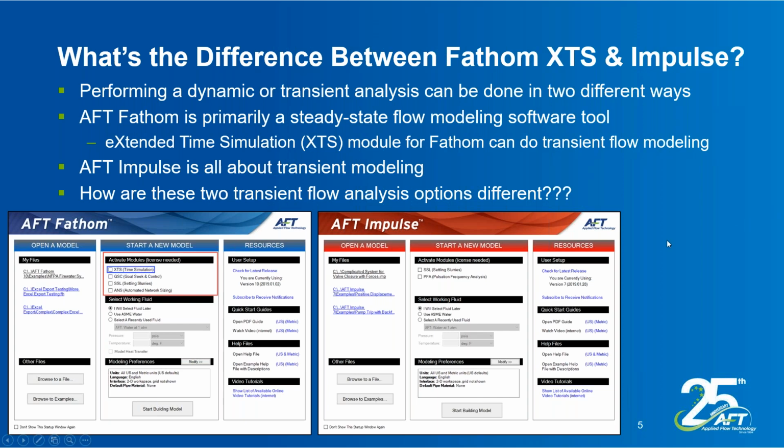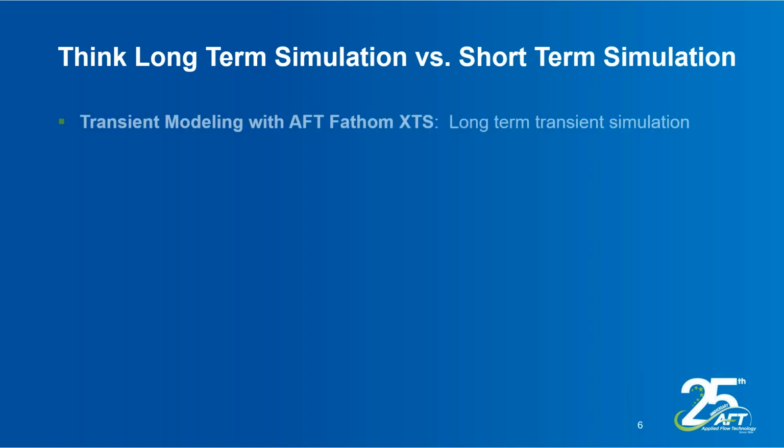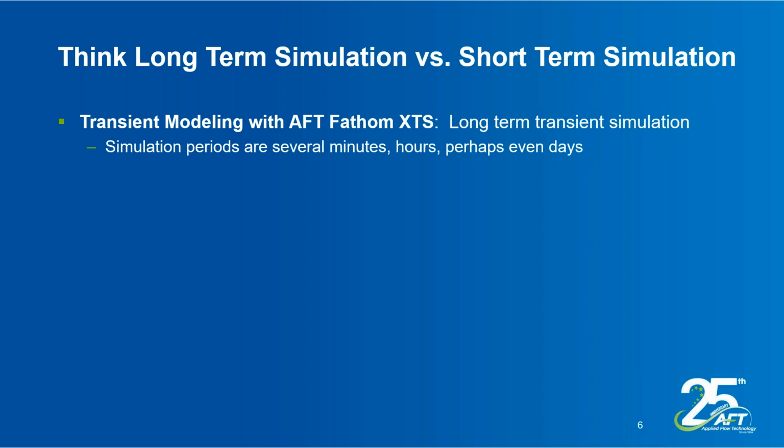The first way to figure out how these two applications are different from each other is to think of a long-term transient simulation versus a short-term transient simulation. When we're talking about the context of the XTS module for AFT Fathom, that's going to be more of a long-term transient simulation.